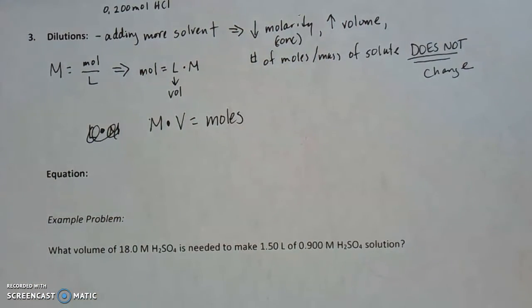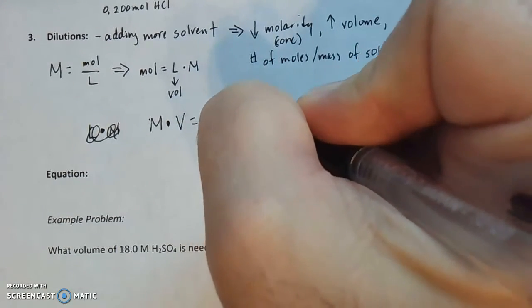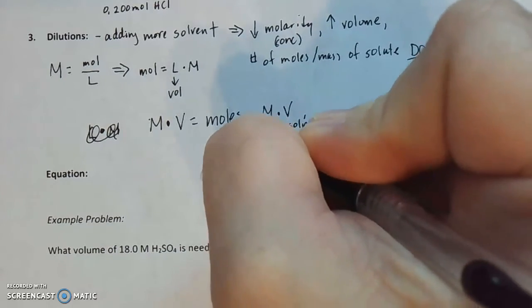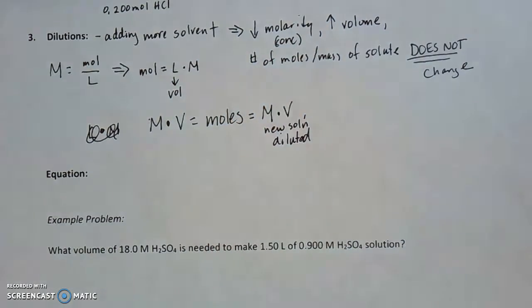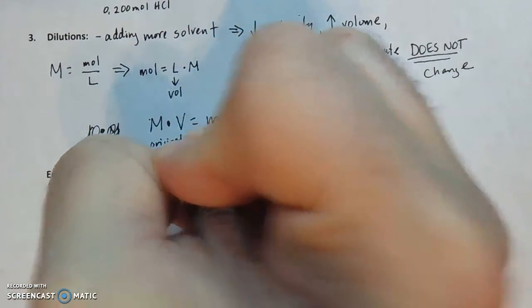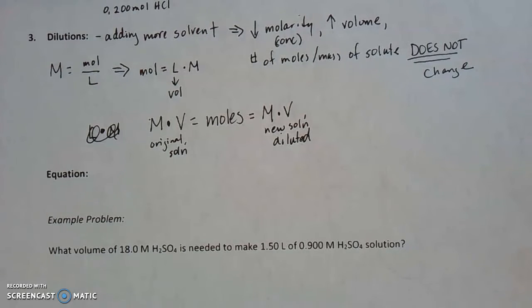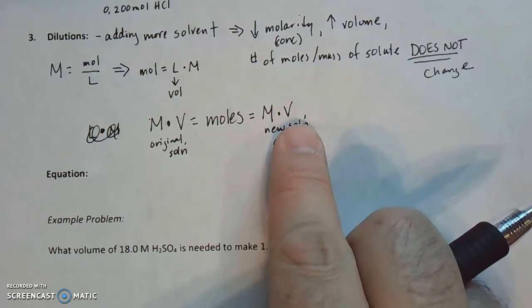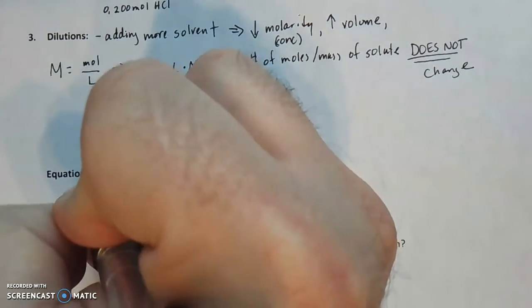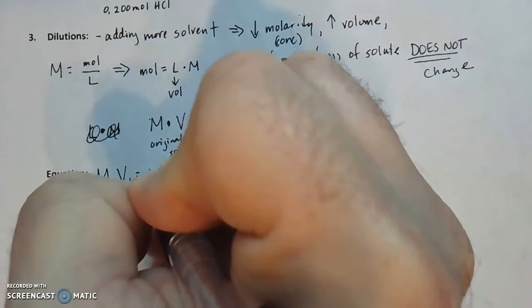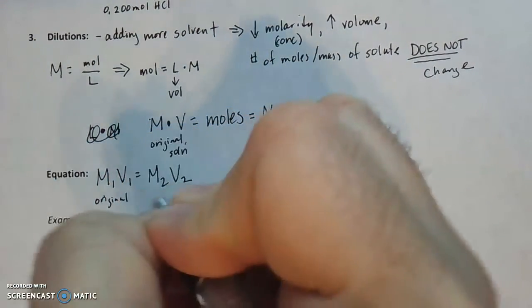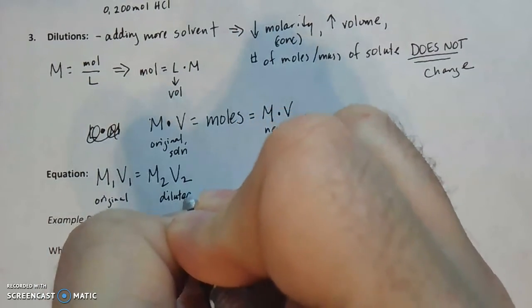But since moles doesn't change, that is going to equal this for the new solution, the one that is diluted. So this is the original. We add more volume, the molarity goes down, but the product of the two stays the same. So that gives us this equation, M1V1 is equal to M2V2. So here we have the original, here we have the diluted.